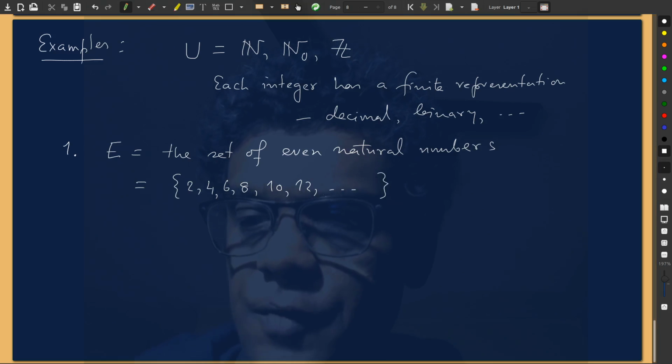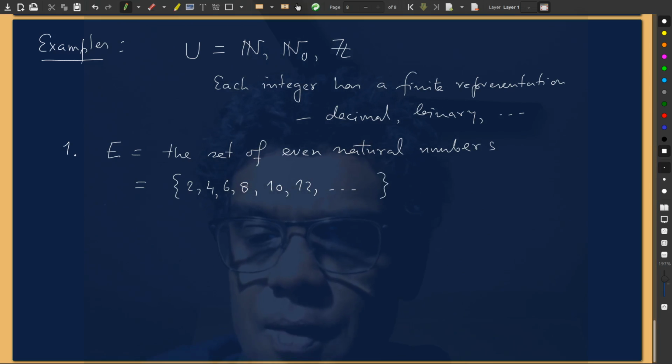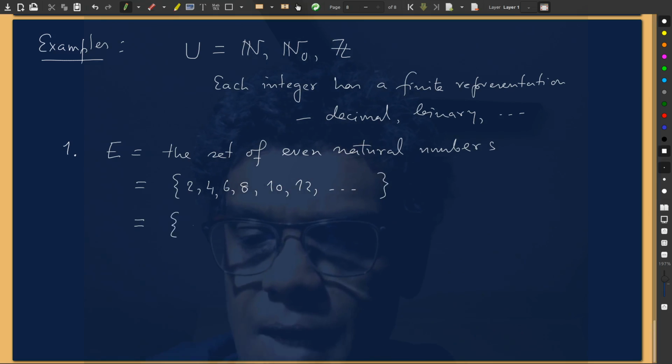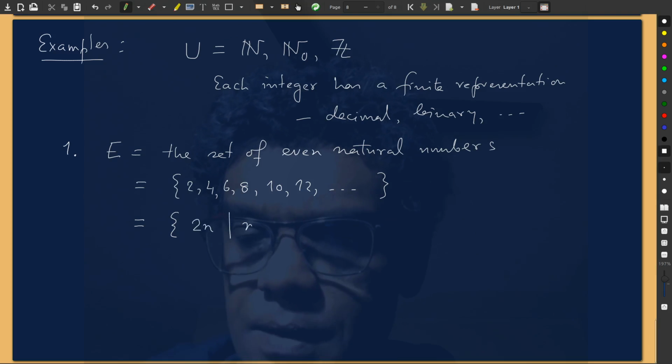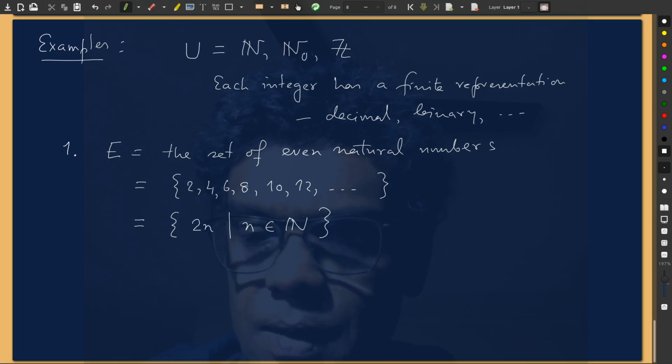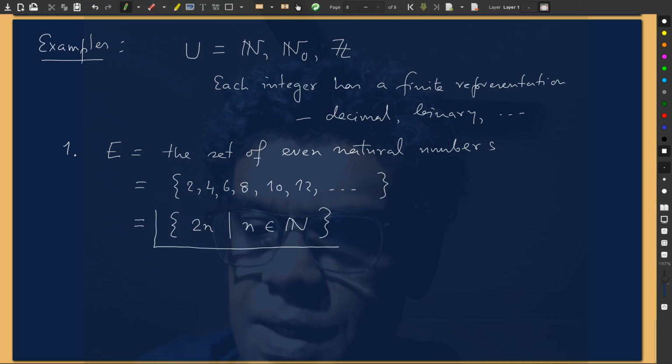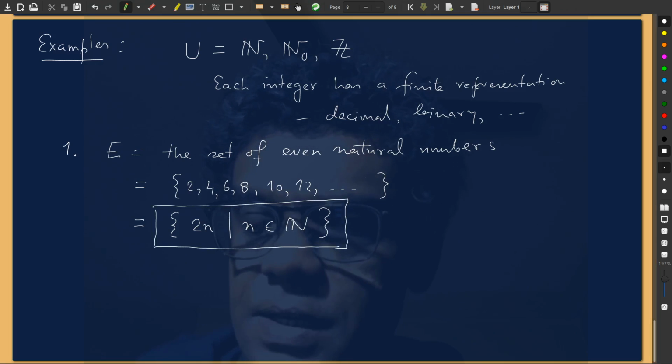How do I specify this? Okay, so a mathematical way of specifying this language is something like this: 2 times n, such that n is a positive integer. So you see that this is a mathematical finite description.